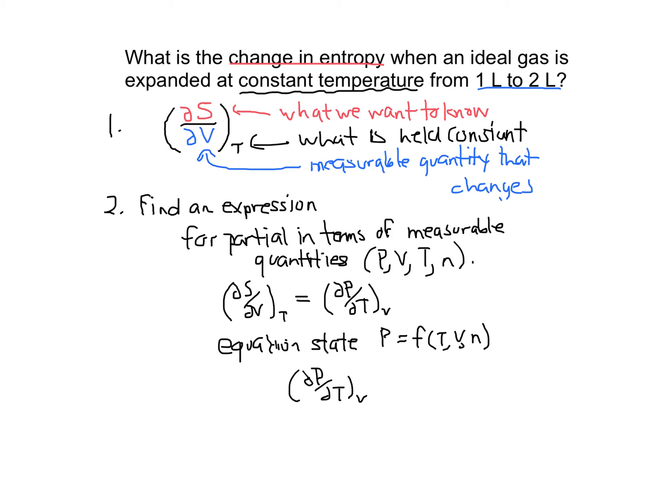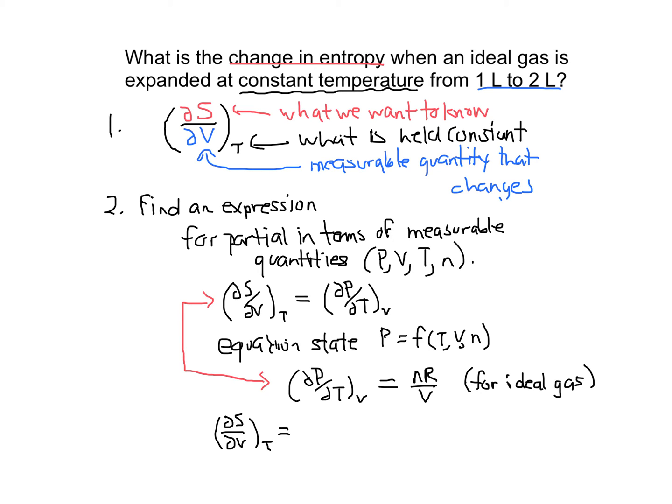For example, if I have an ideal gas, the derivative of pressure with respect to temperature at constant volume is equal to nR divided by V. Making the substitution for the derivative of pressure with respect to temperature, we can write the derivative of entropy with respect to volume at constant temperature is equal to nR over V for an ideal gas.